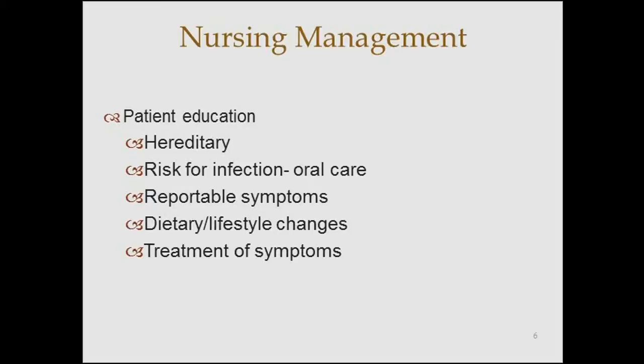They need to be aware of signs and symptoms that should be reported, which means they've got to know the typical symptoms that they might experience, and then when those get out of hand and they need to go seek help. So that's differentiating between what's normal and acceptable and what's not okay.